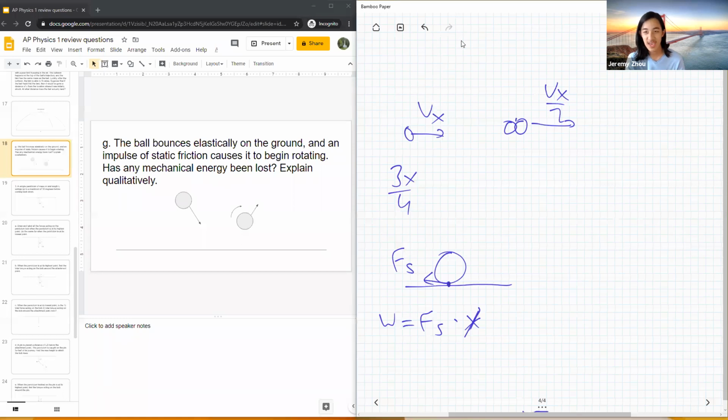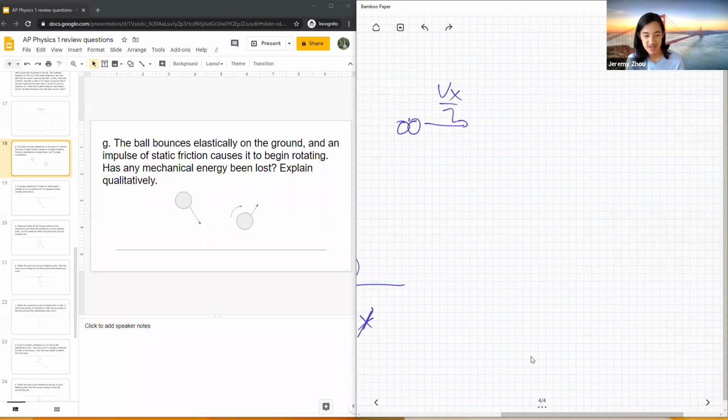It transfers mechanical energy between rotation and translation. Yeah, this should always be true. So if you actually find the sum of the rotational and translational kinetic energy, you'll find that it's the same as the original. Yes. Okay. Anyone have any questions before I move on to the next?